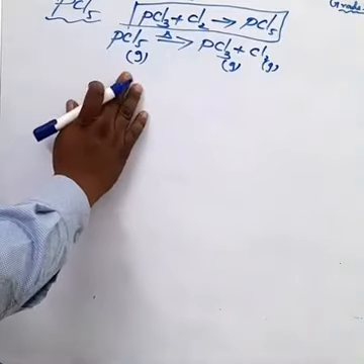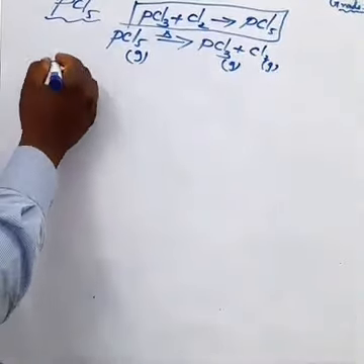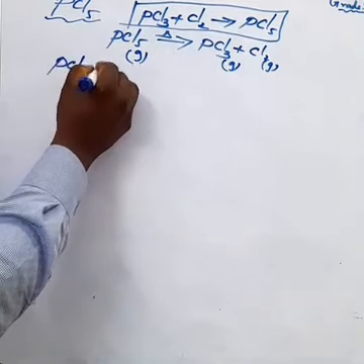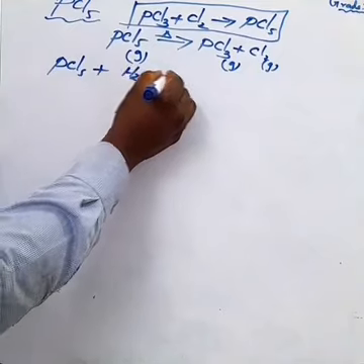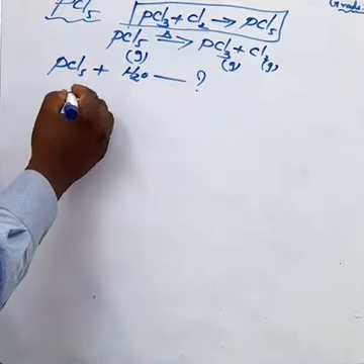Next, one of the important reactions. What happens? Phosphorus pentachloride reacts with water molecule. First we have to write PCl5.